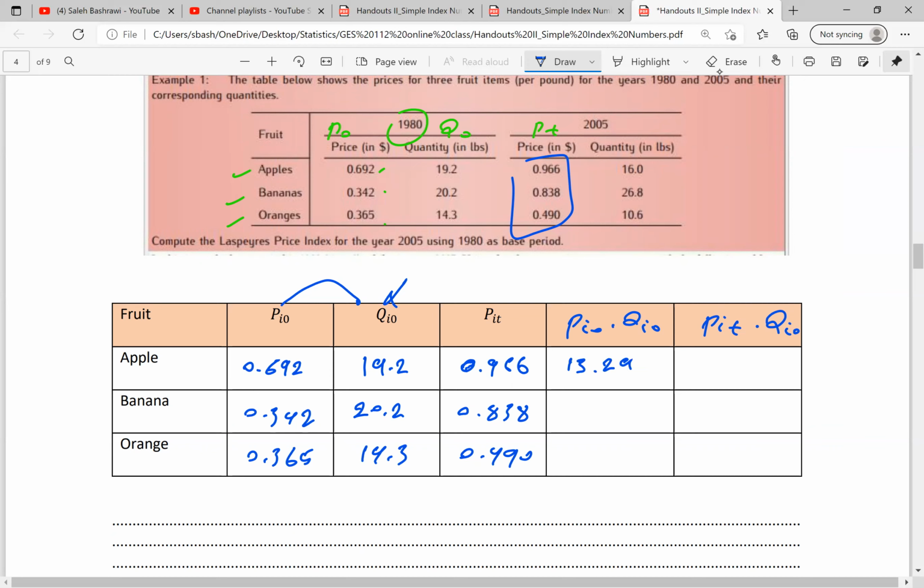Next one, 0.342 multiplied by 20.2, that equals 6.91. Next one is 0.365 multiplied by 14.3, which is equal to 5.22.